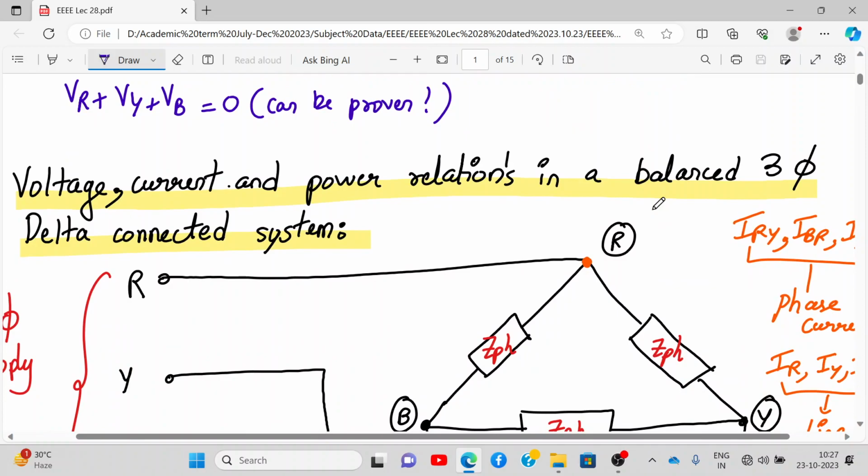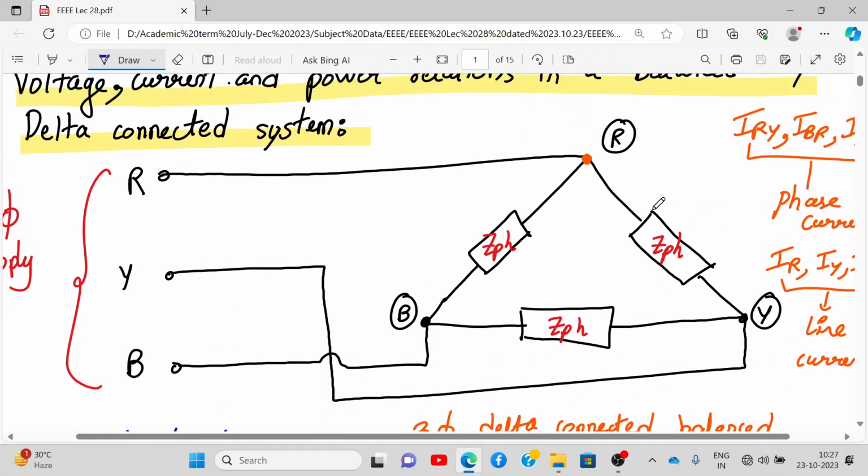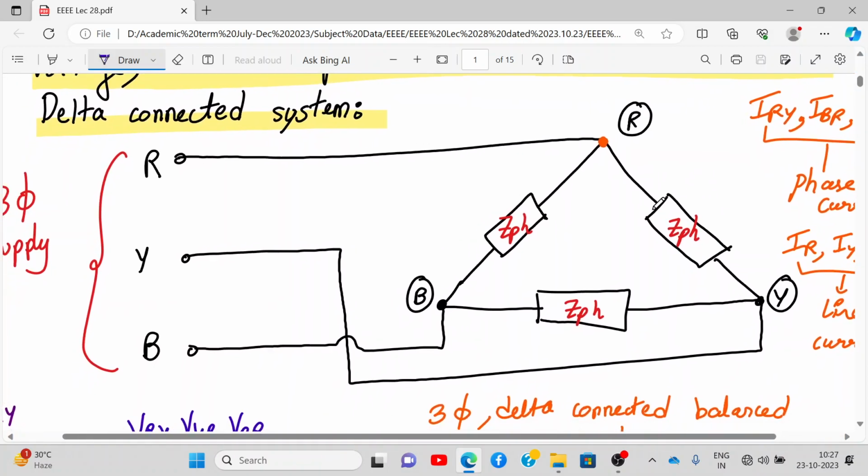So can we go to the voltage, current and power relationship in a balanced three-phase delta connected system? Please draw this diagram. What are we trying to determine now? Line voltage and phase voltage relationship, line current and phase current relationship in a three-phase delta connected system.